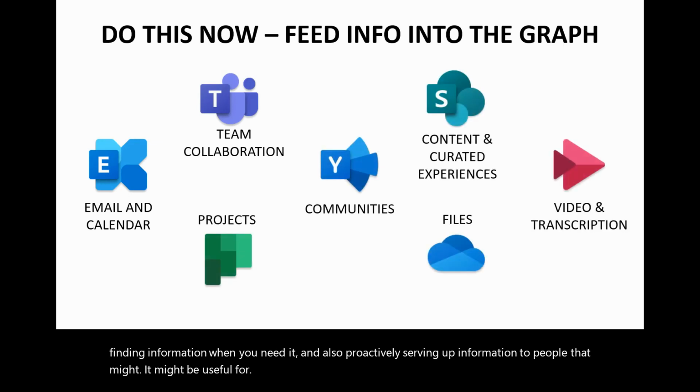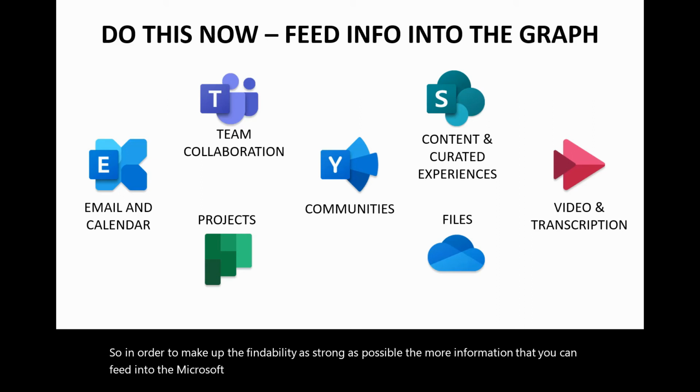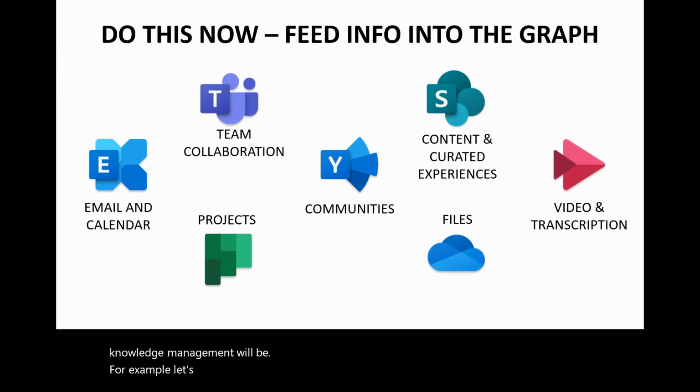So in order to make the findability as strong as possible, the more information that you can feed into the Microsoft Graph, the better your results from things like Project Cortex and knowledge management will be. For example, let's say that you had your email and calendar in G Suite, but you're using Teams and SharePoint.